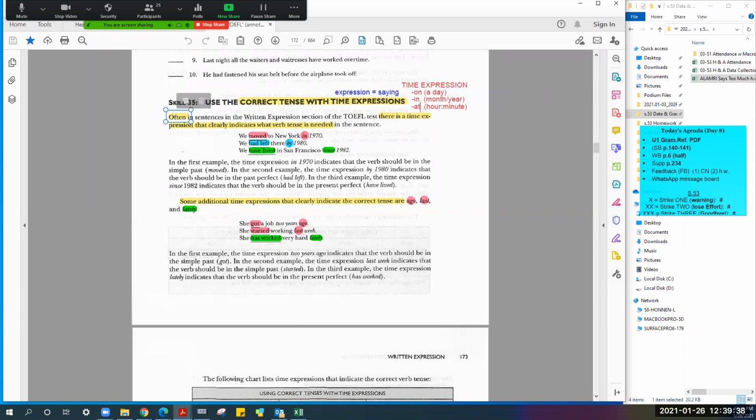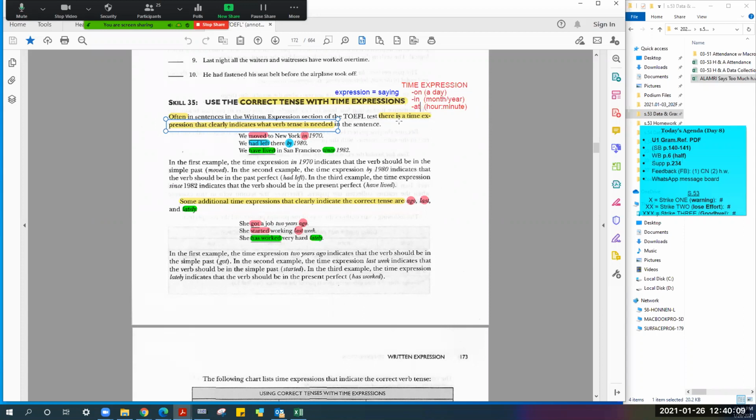Often in a sentence in the written expression section of the TOEFL test, there is a time expression that clearly indicates what verb tense is needed in the sentence. Now, guys, if you are in 03, this skill can help you in the test.